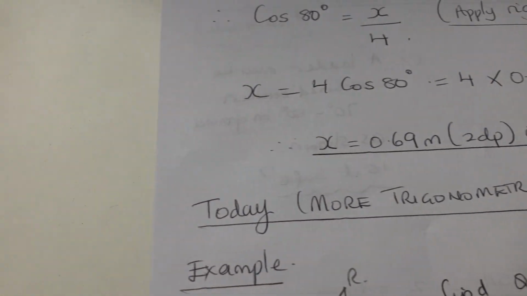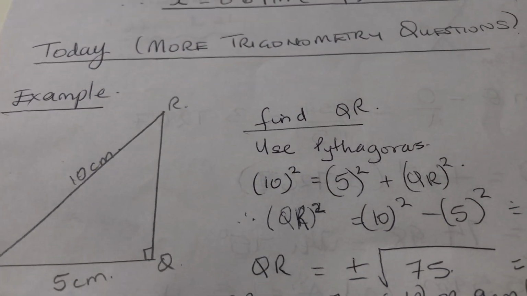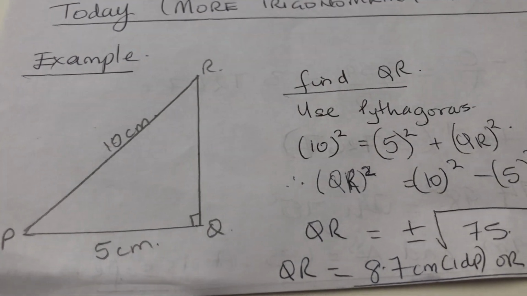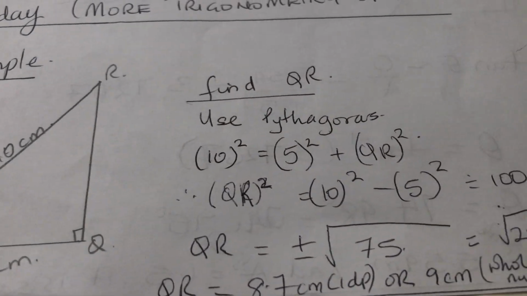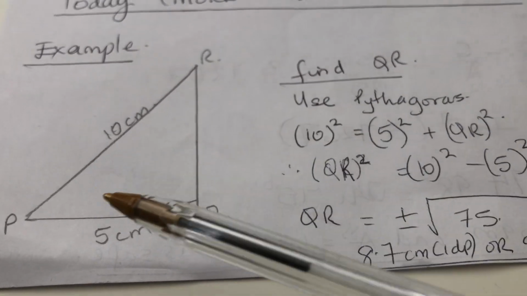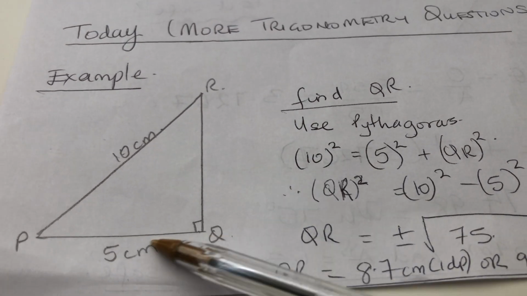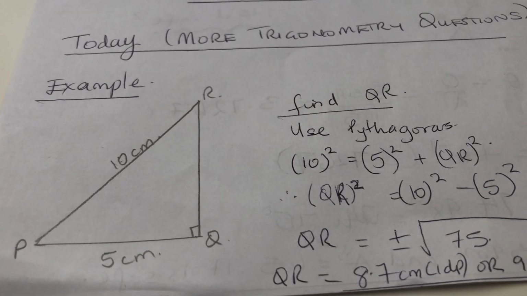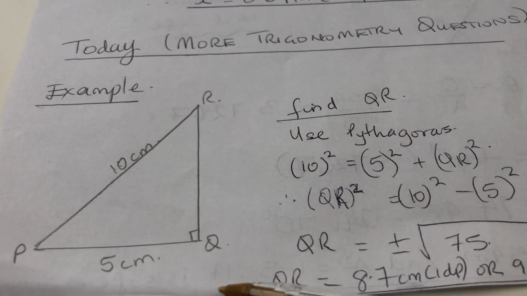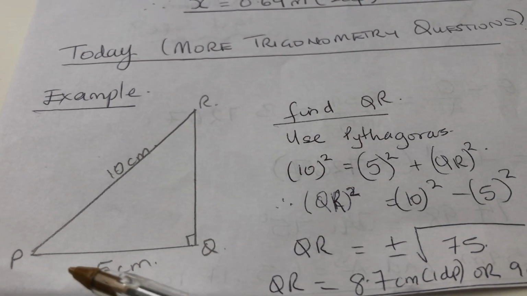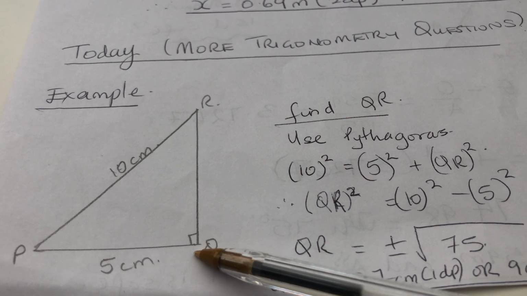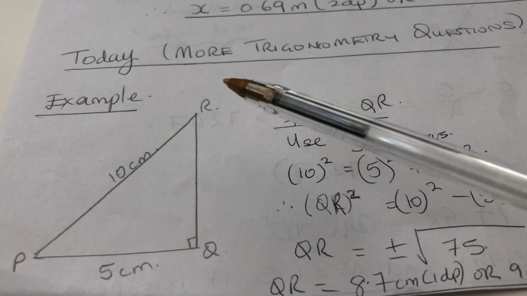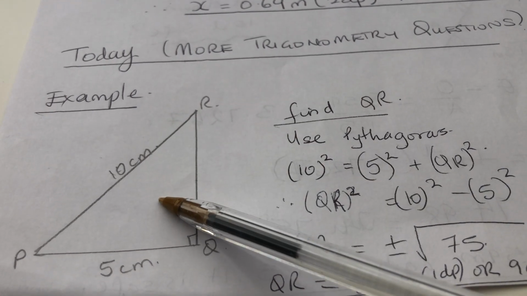Now today we are going to look at more trig questions. Okay, we need to solve this to solve the next question, so I hope you understand. So this is also a right angle triangle, and they are not to scale. So PQ is 5 centimeters, PR is 10 centimeters.